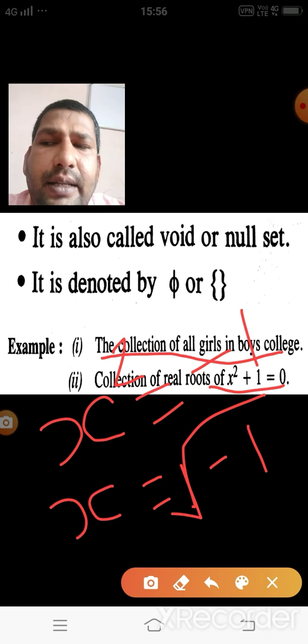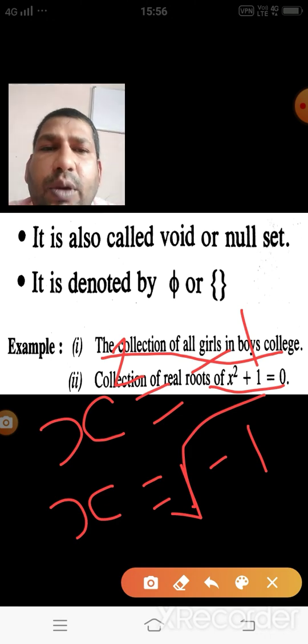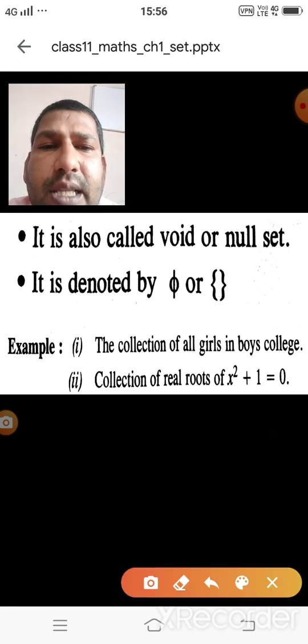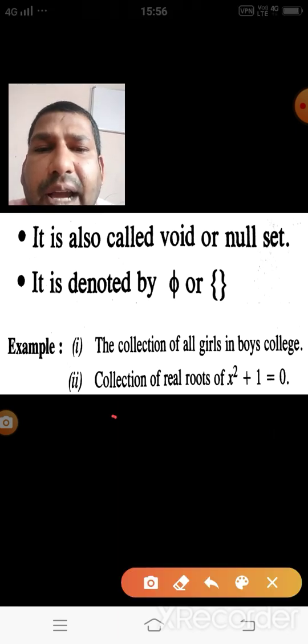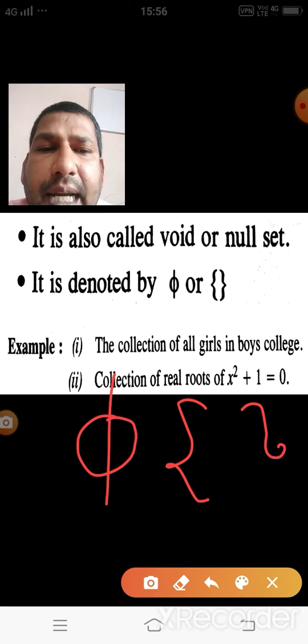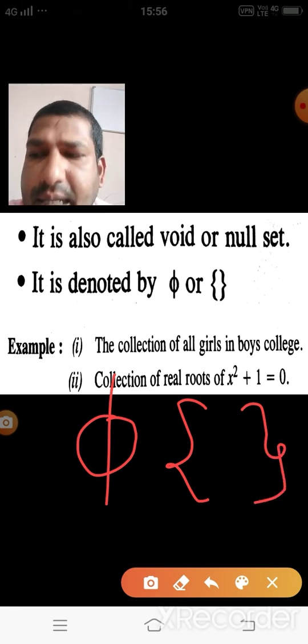Then the empty set or null set we are representing by phi, or we are using curly brackets without writing any element in this.